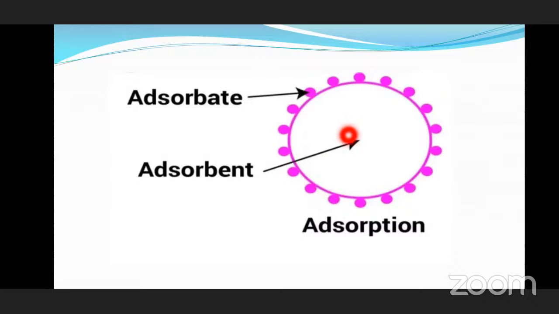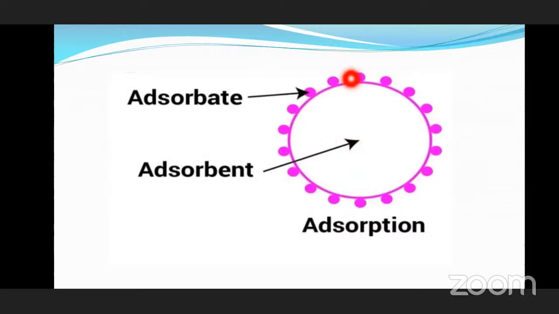What about this one here? This bulk, this solid or liquid, is acting as an adsorbent. The adsorbent looks like charcoal. Here acetic acid is occupied on the charcoal region.